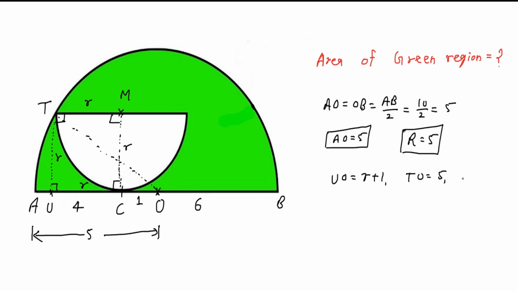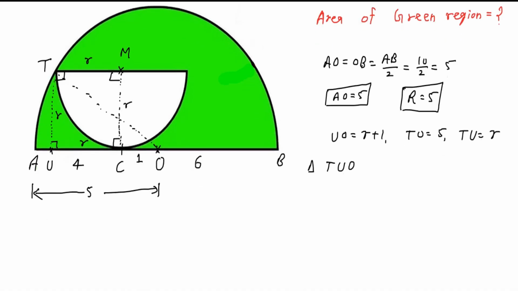And here TU is the radius of the smaller circle, that is small r. So if we consider right angle triangle TUO, in right angle triangle TUO, if we use the Pythagorean theorem, from here we can write TO square is equal to TU square plus UO square.